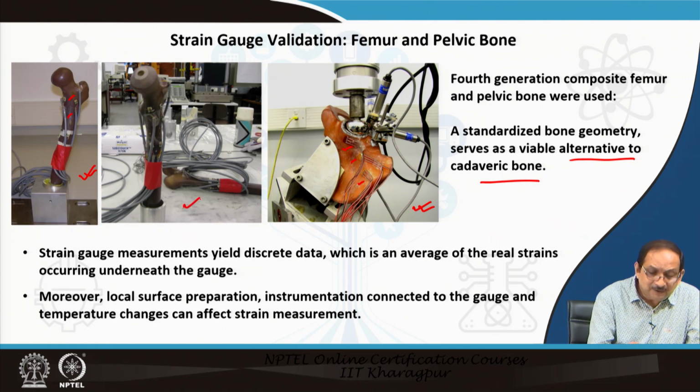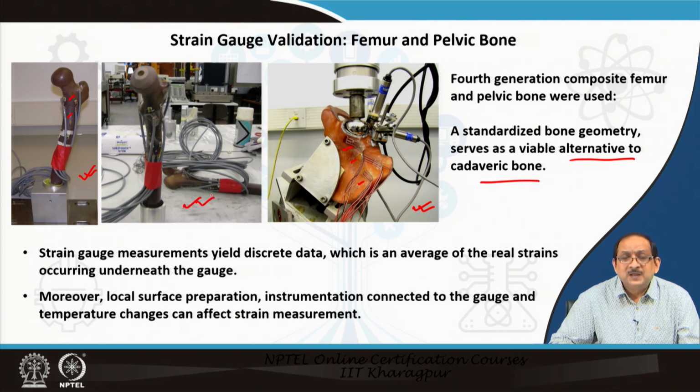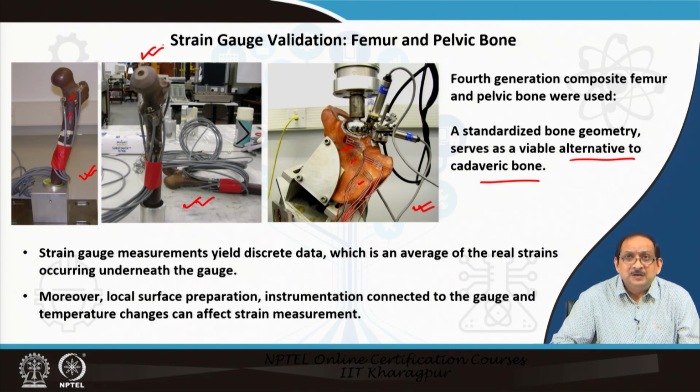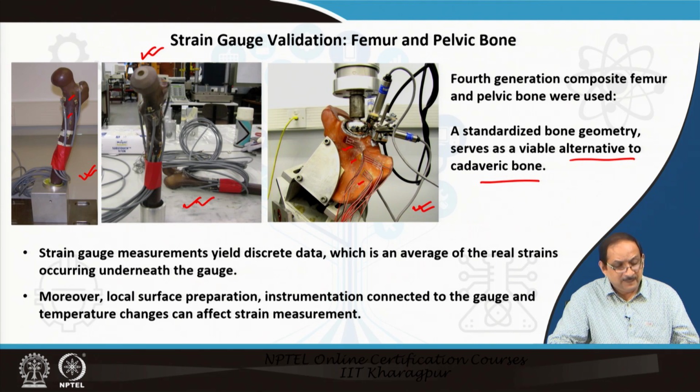Now, here we can see that a composite femur bone has been machined to fit a resurfacing implant, which will be tested later using the strain gauge technique.